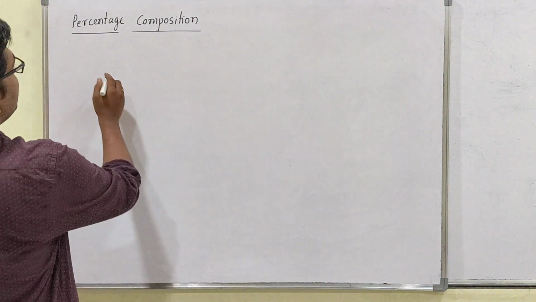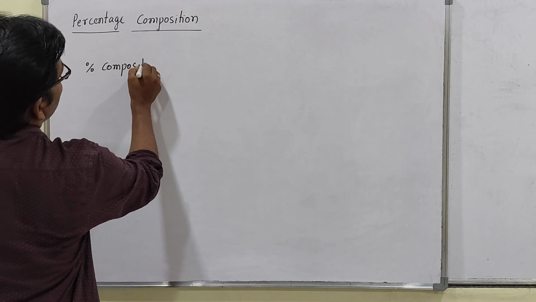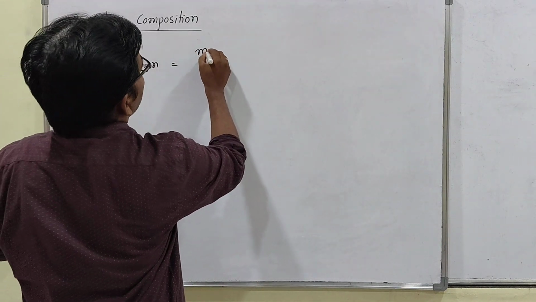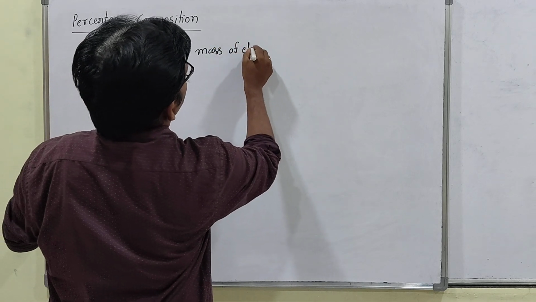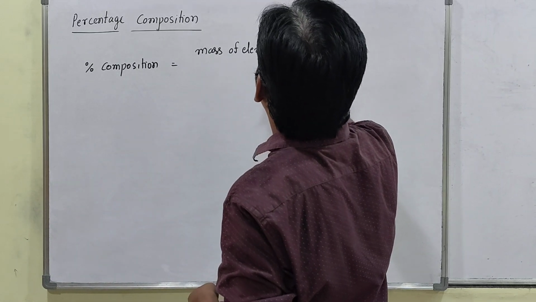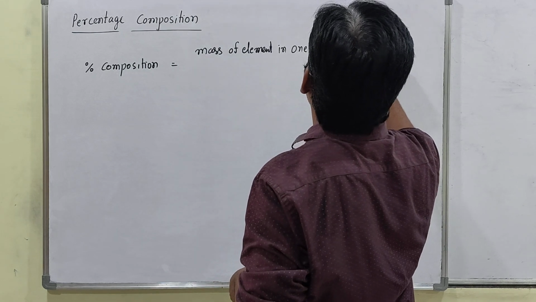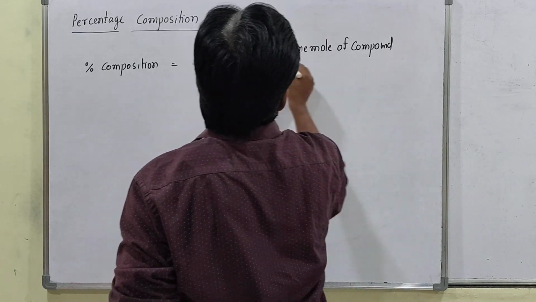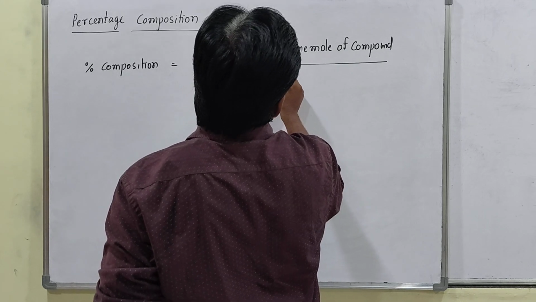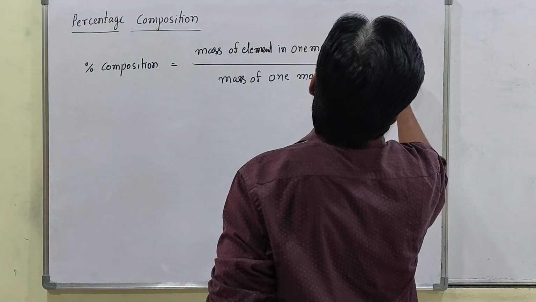So to calculate the percentage composition of an element, it equals the mass of the element in 1 mole of compound divided by the mass of 1 mole of compound, into 100.